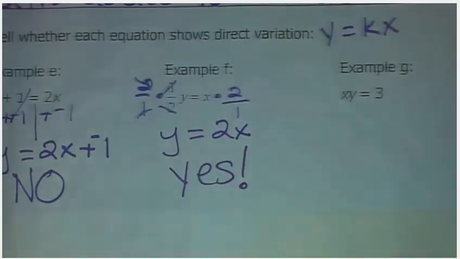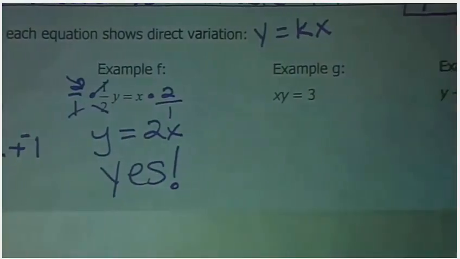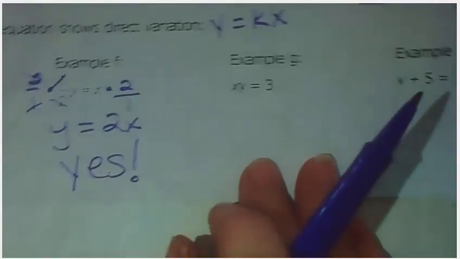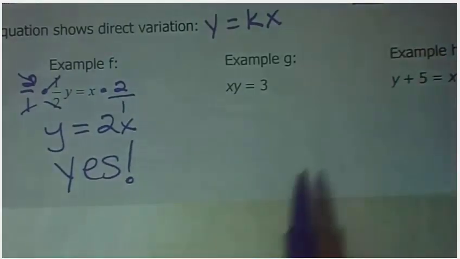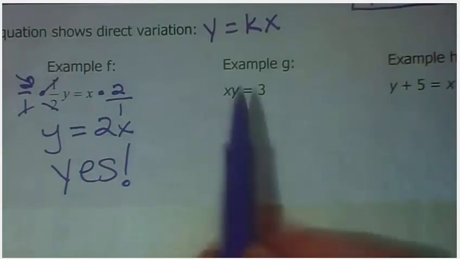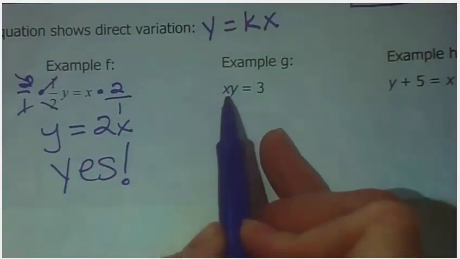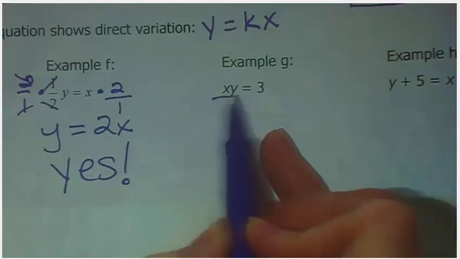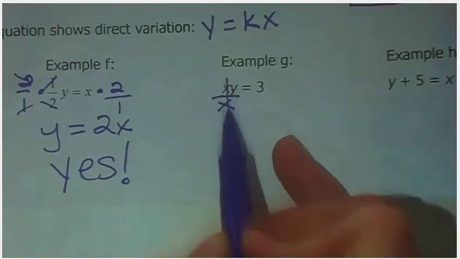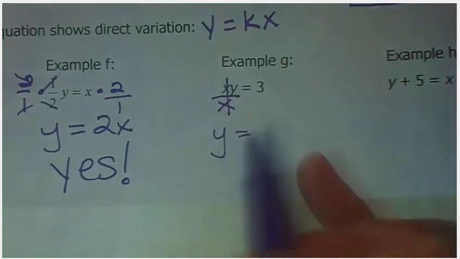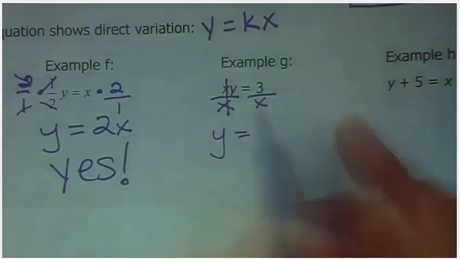All right, we got to get y all by itself. In order to do that, we need to get rid of the x. You'll notice that x is stuck to the y. It's being multiplied. How do you get rid of multiplying? Divide. I'm going to divide by x, and that gets y alone. So I'm going to do the same thing over here.